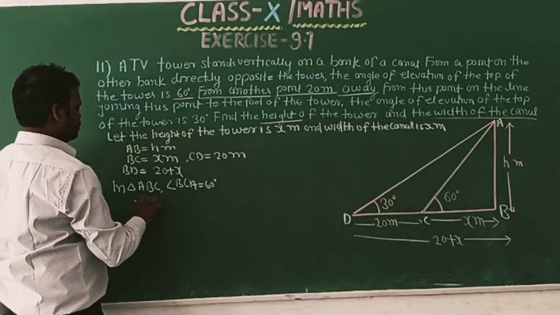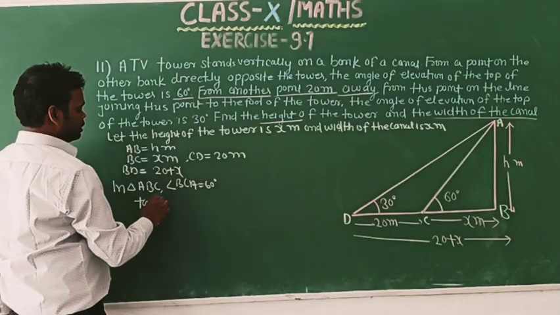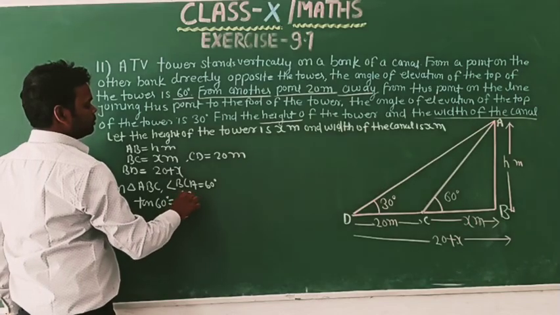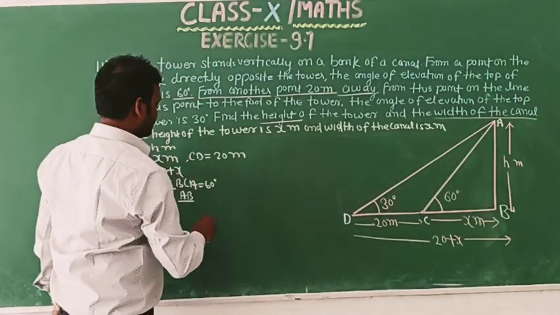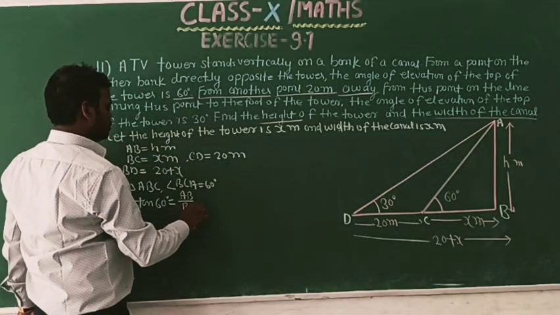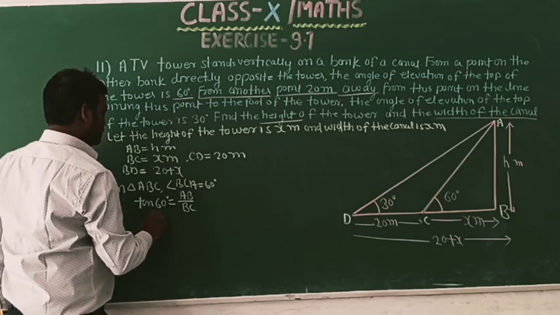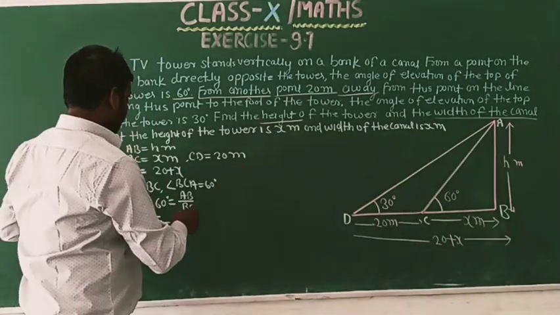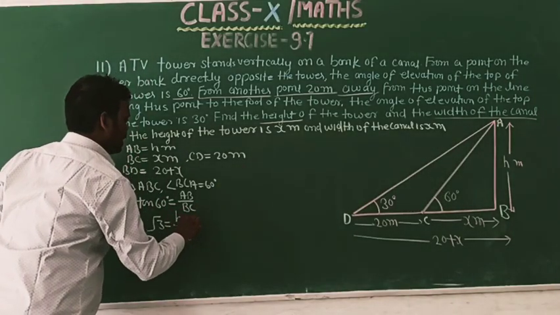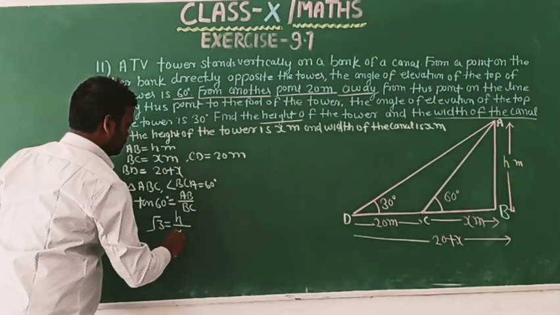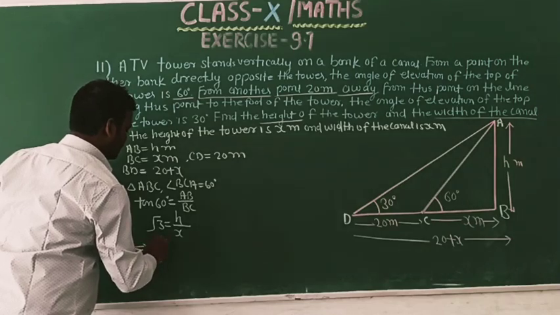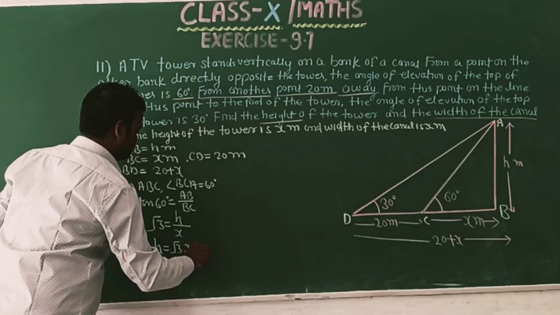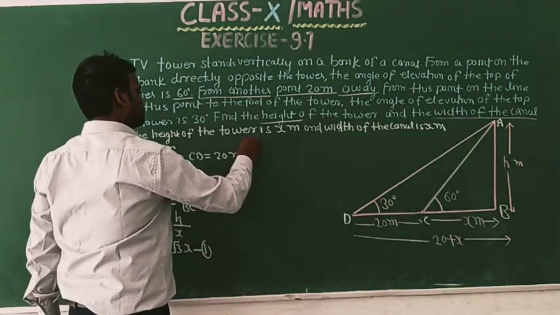So tan 60 degree equal to AB by BC. So tan 60 is square root 3, equal to h by x, and this implies h equal to root 3 x. Say equation number 1.